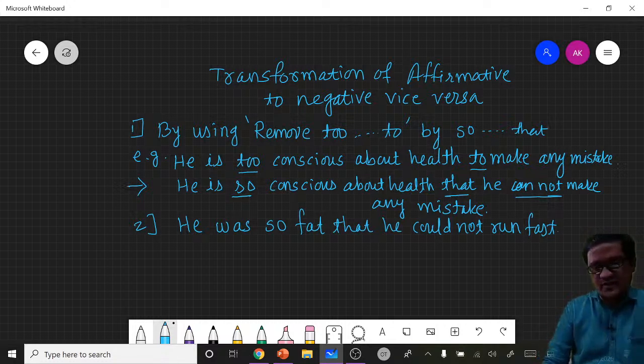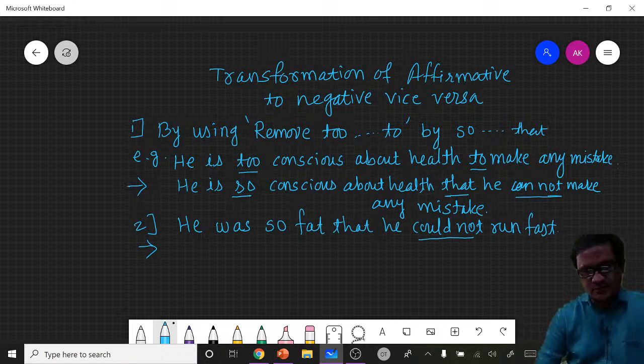He was so fat that he could not run fast. It indicates that it is a negative sentence. So what we have to do here is make the affirmative sentence, using 'too dash to' instead of 'so' and 'that'.